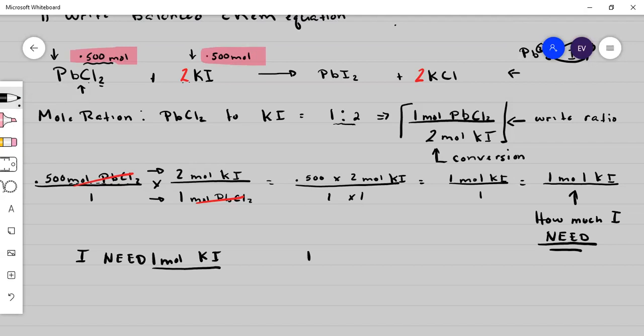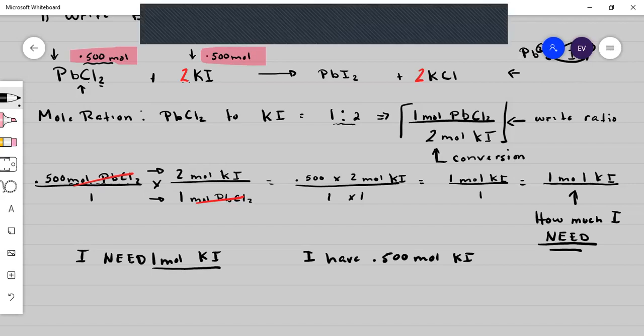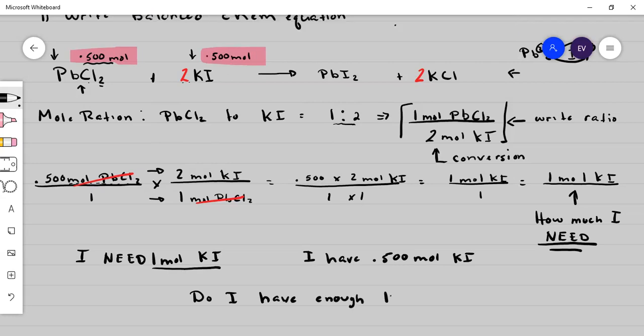So in this case, I have 0.5 moles of potassium iodide. The question is, based on what I need and what I have, do I have enough potassium iodide? Which number is bigger in this case, 1 mole or 0.5?